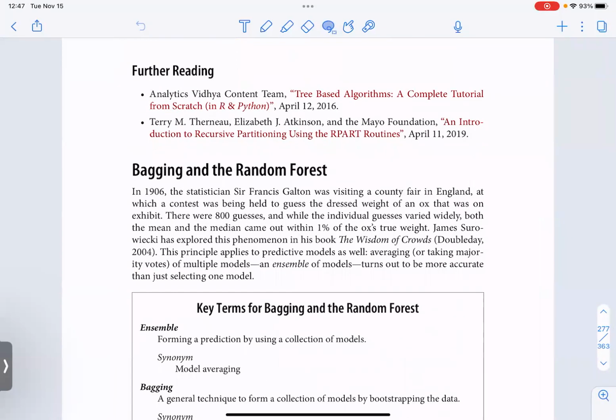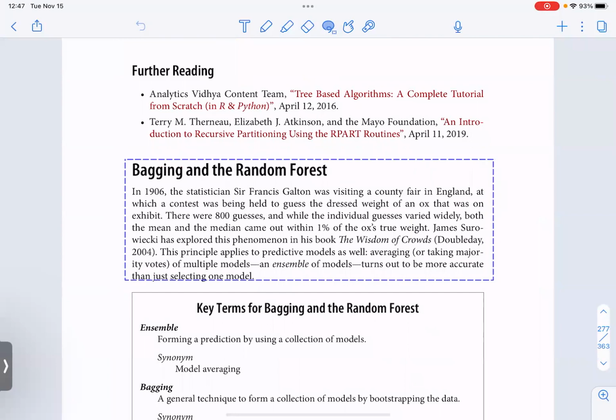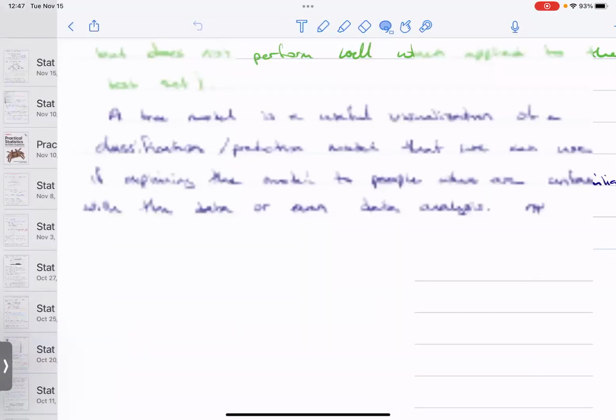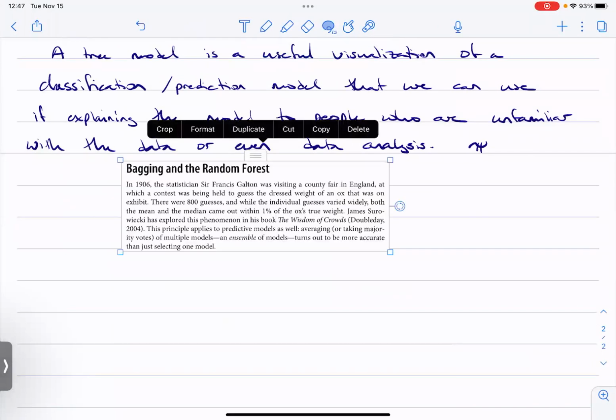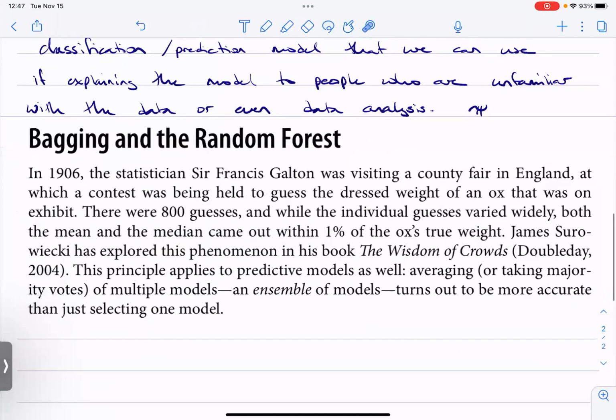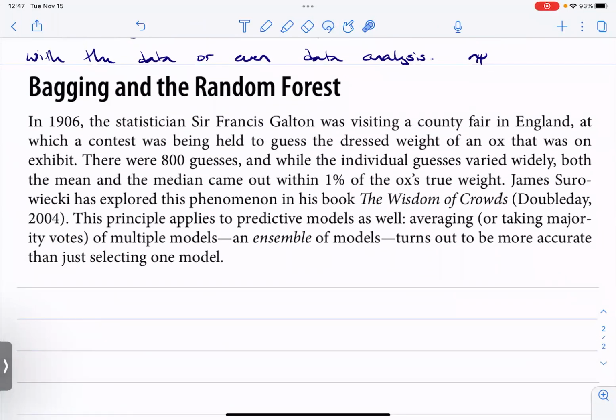So kind of fun. From the textbook, I'll just steal it and bring it in here, just as a way to illustrate why we would use these ensemble methods, which is what we're about to introduce.